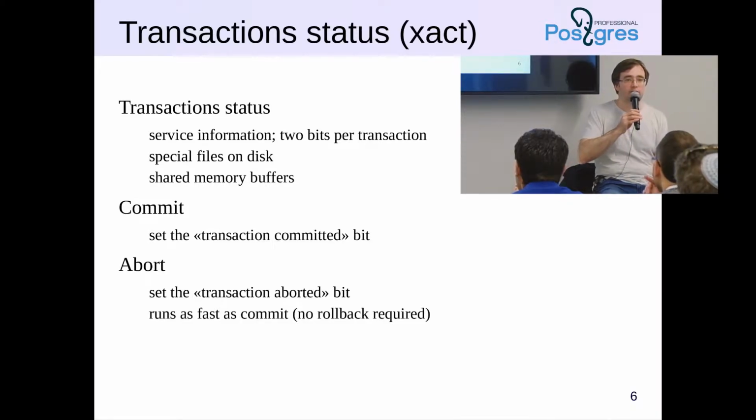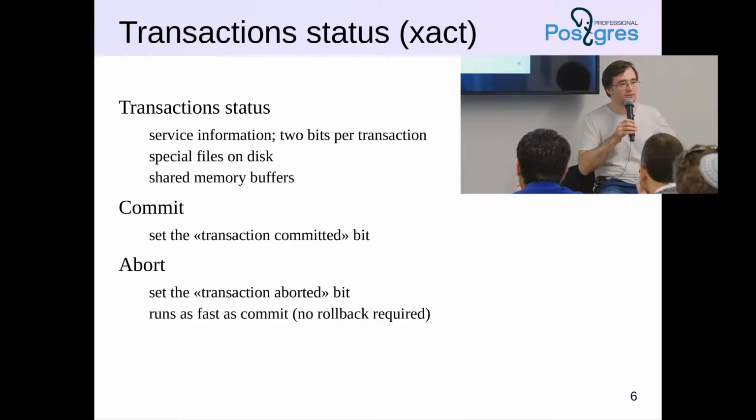And the same is true for rollbacks. To roll back your transaction, you just need to set the rollback bit, and that's all. We don't physically roll back the changes that your transaction made, just set 1 bit. So rollback is as quick as commit in Postgres.